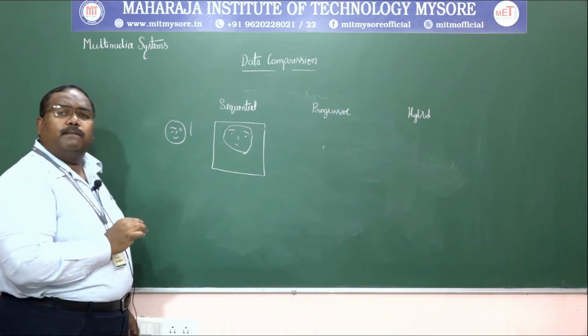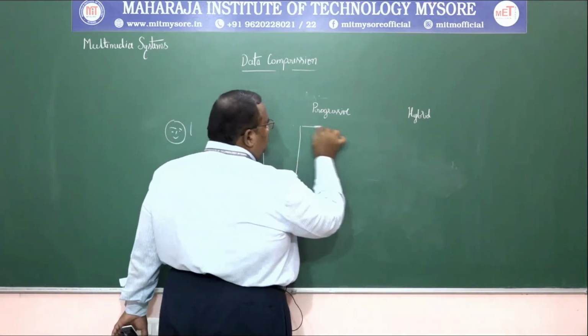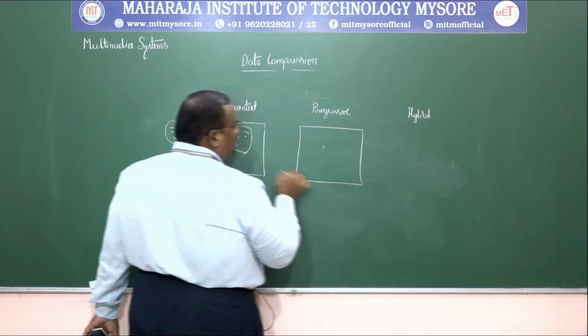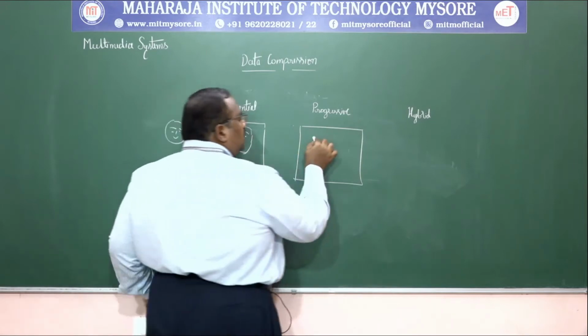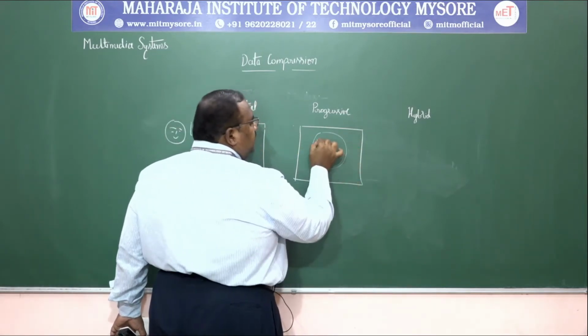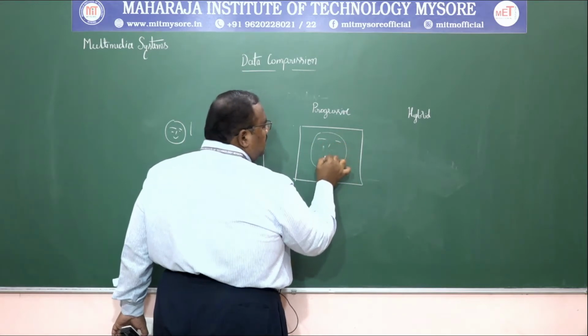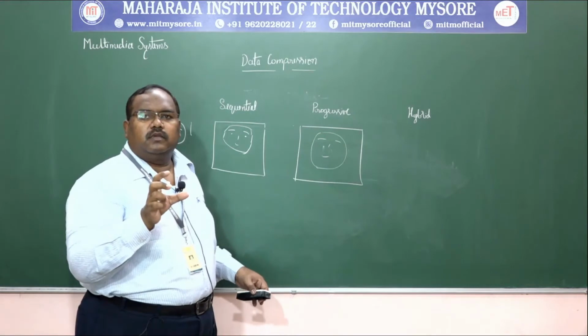So what about the progressive way? In the progressive way, you might have seen the image is generated, but it is totally blurred.